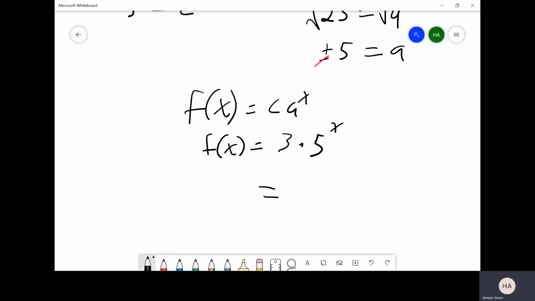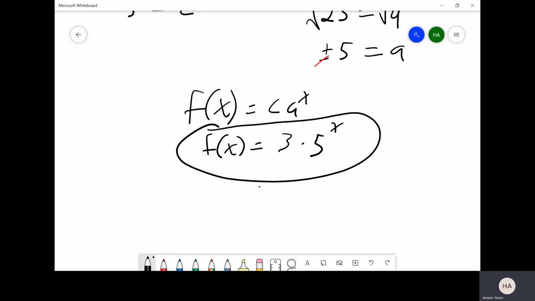It's 3 times 5 to the x, okay? And if it helps you remember, draw parentheses around the coefficient or around the exponent, however is going to help you remember. Just make sure you don't multiply the coefficient and the base together. Okay, so this here, f of x is equal to 3 times 5 to the x, is your final answer.